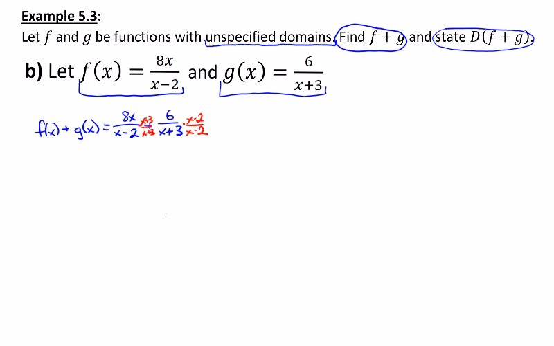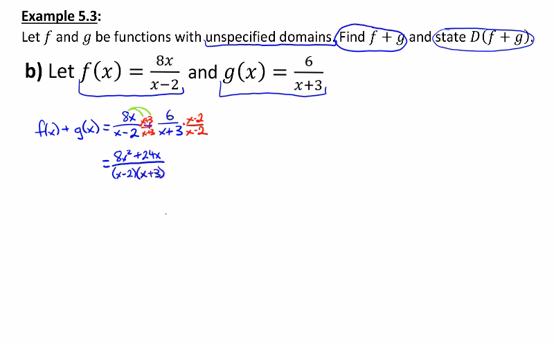And what this will do for us, in the first fraction, I'm going to distribute 8x to the x and the 3. So I would have 8x squared plus 24x. And then in the denominator, I'm going to leave my multiplication in factored form. So I'm not going to actually distribute it out.